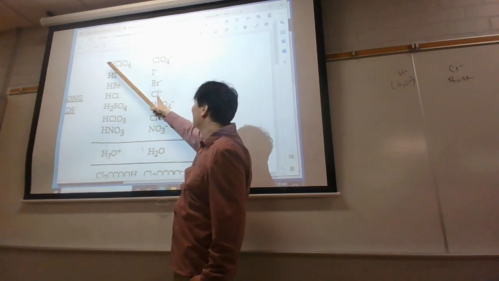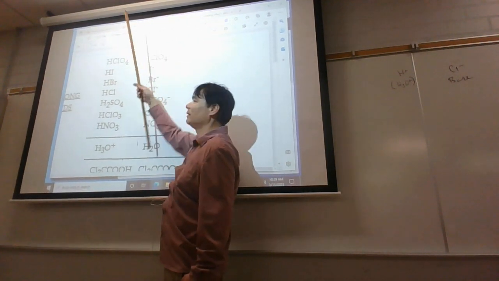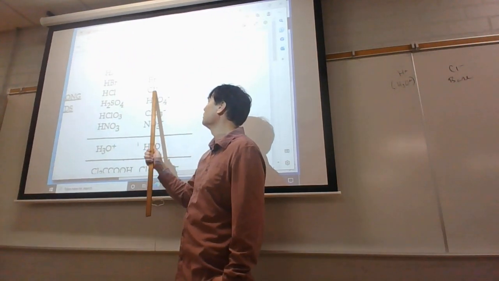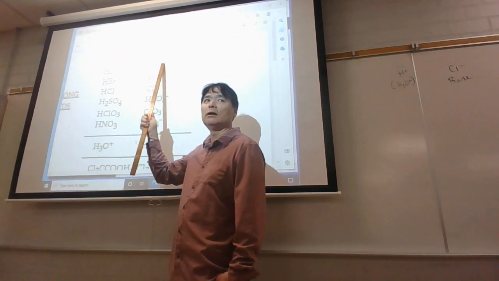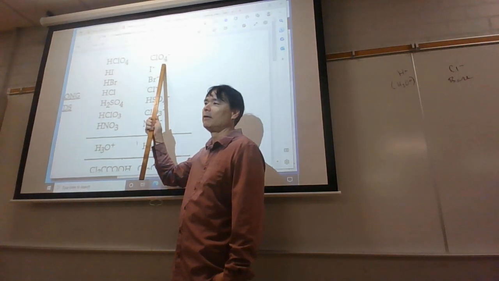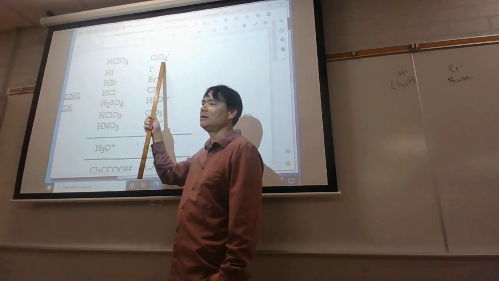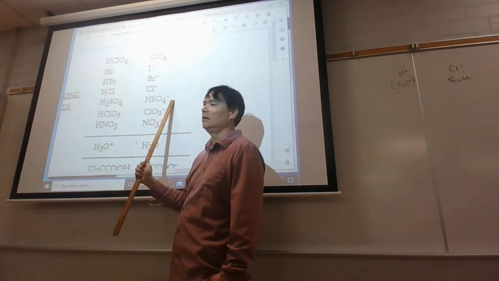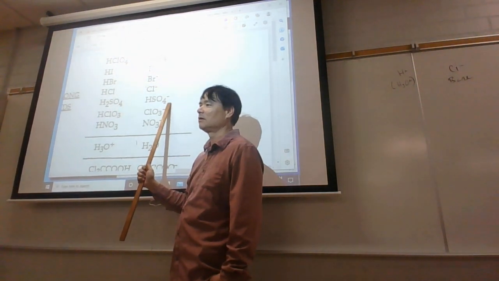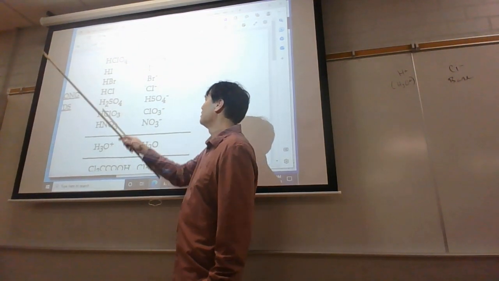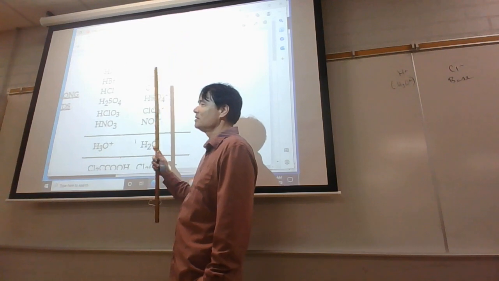Now look at chloride to perchlorate. That's going from stronger to weaker, isn't it? Yes. And therefore, isn't that favorable? Yes. Except this is in the leveling effect zone.